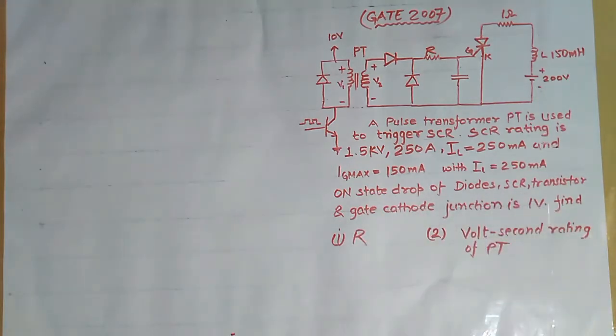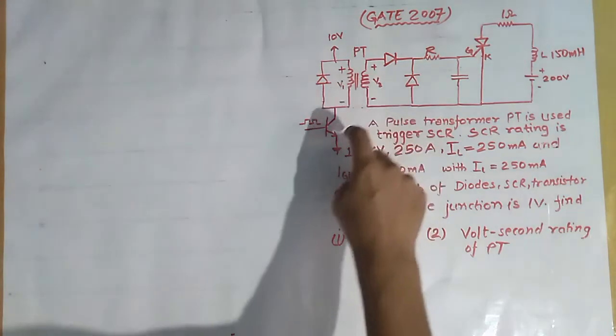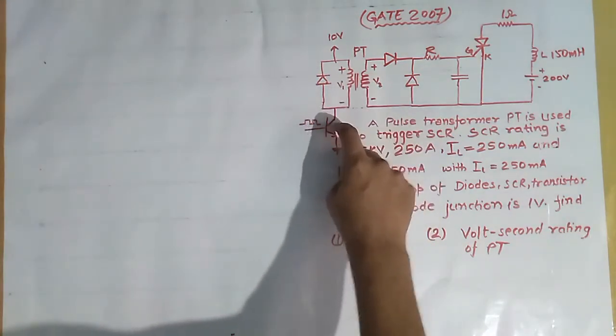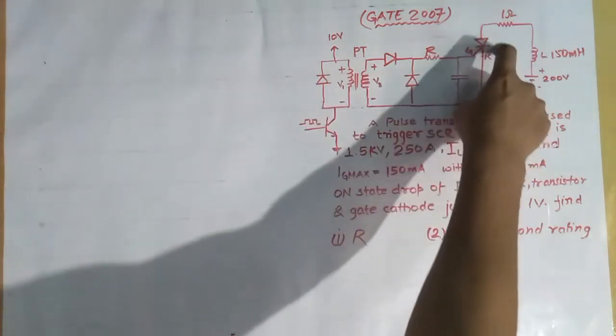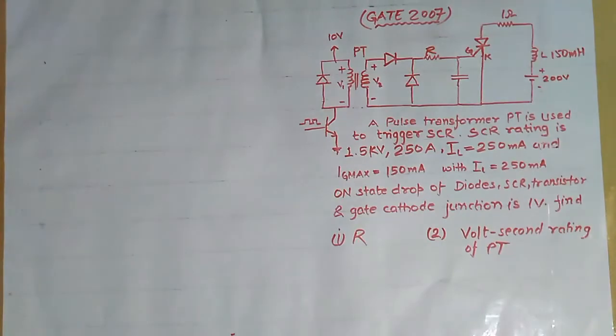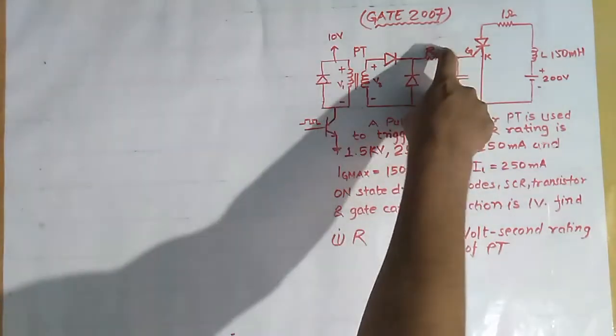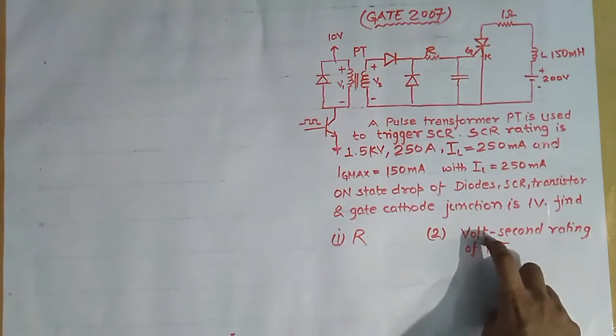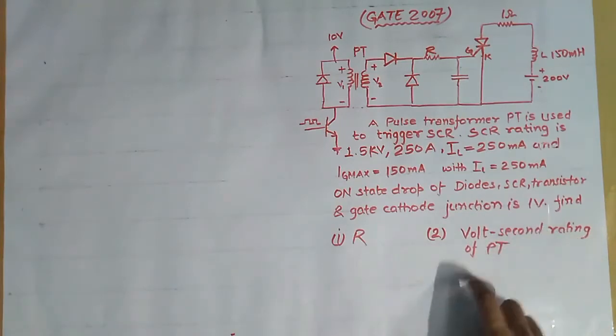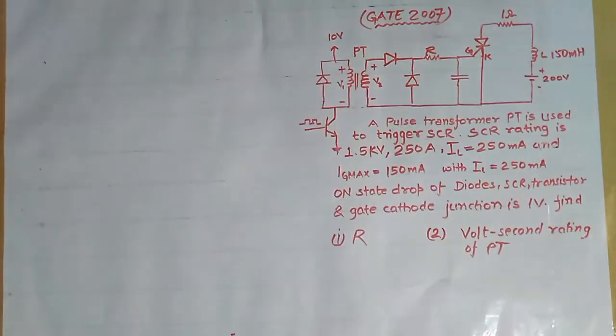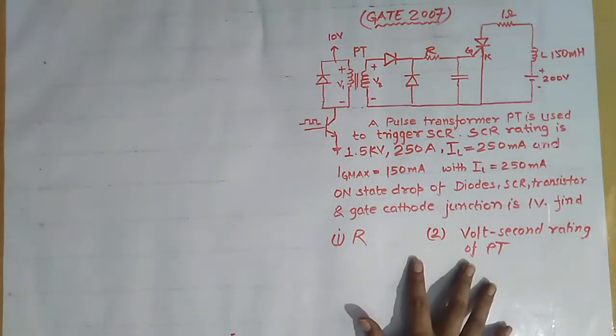It means these are diodes, this is the transistor, this is the gate cathode junction, this is the SCR. So the drop across all of these devices in on state is 1 volt. We have to find the value of this resistance R and the voltage second rating of this pulse transformer PT. These two things we have to find.